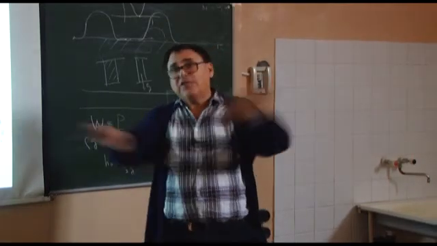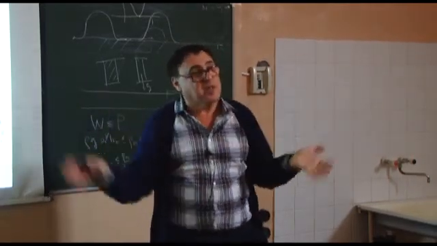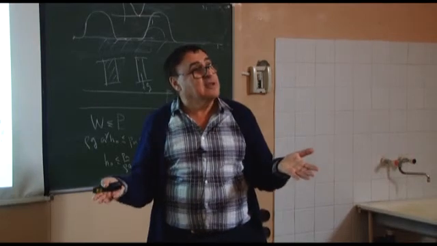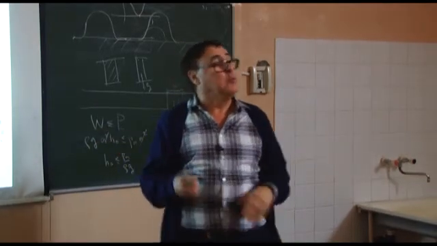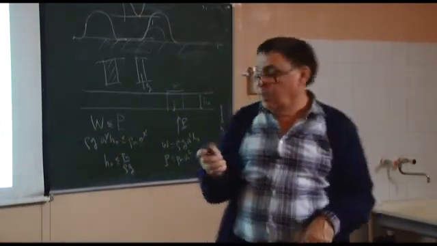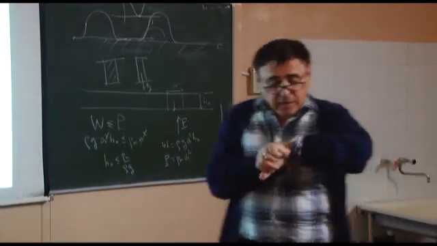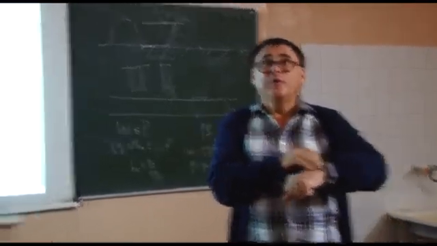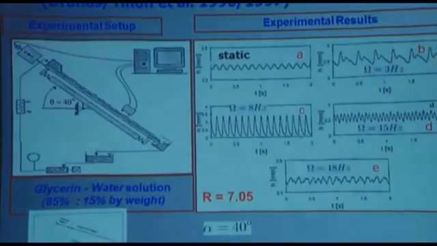Which means that definitely Nusselt flow is not there. It's something else. By now we don't have a good theoretical model to explain this. Okay, I think I will leave you on this happy note.